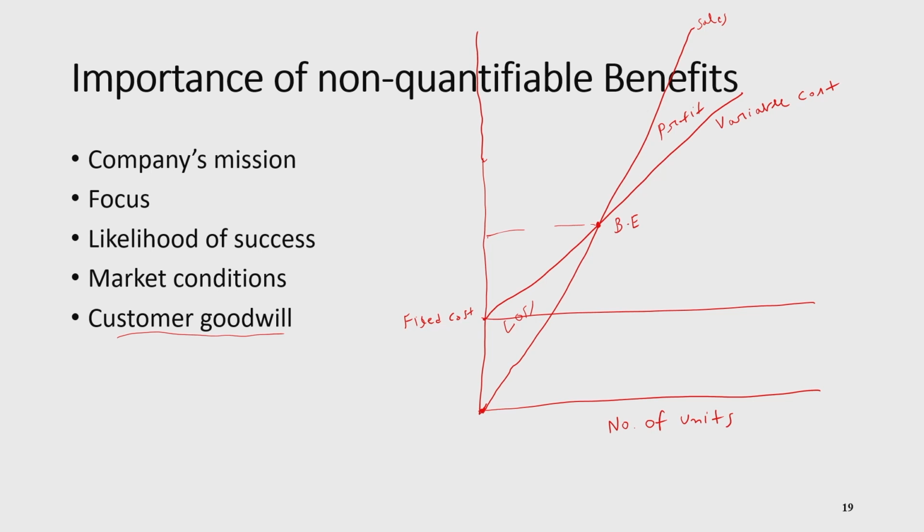It also gives the clue that later you can do advanced analysis by taking non-linear things also. Even fixed cost may depend on units; up to some units it is fixed, after that it may step up. Those types of things can also be there.